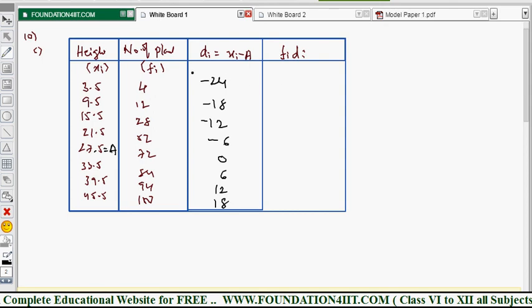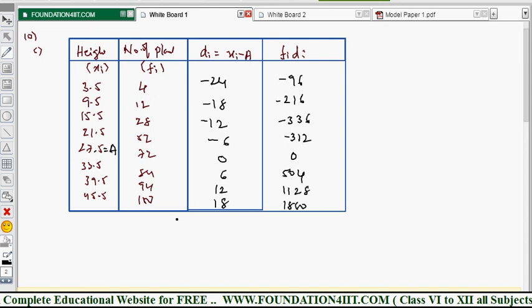Then multiply the fi column and di column. That is minus 96, because 4 into minus 24, then minus 216, minus 336, minus 312, 0 into 72 is 0, and 504, 1128 and 1800.